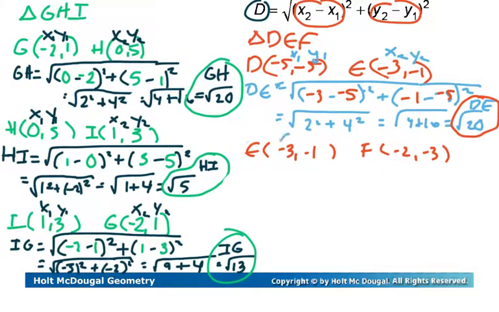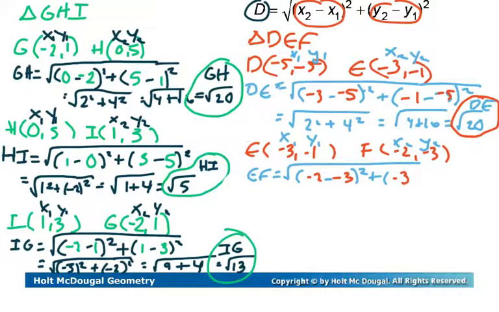So if we assign them as our x's and y's for the first point and the second point, we can then put them in for the distance of EF as the x2, which is negative 2, minus the x1, which is negative 3, squared, and then add the difference of our y2, which is negative 3, minus our x1, which is negative 3. Oh, sorry, y1.